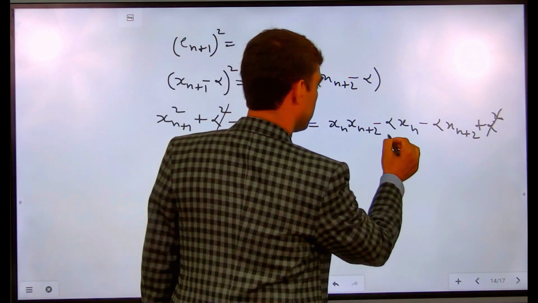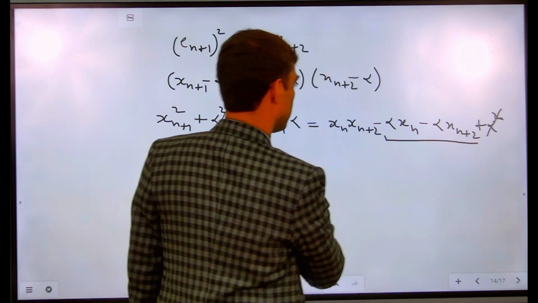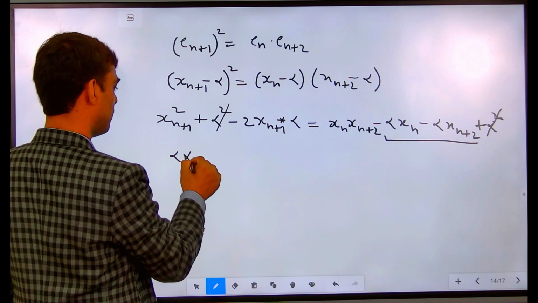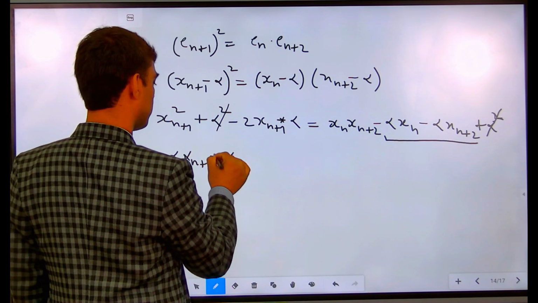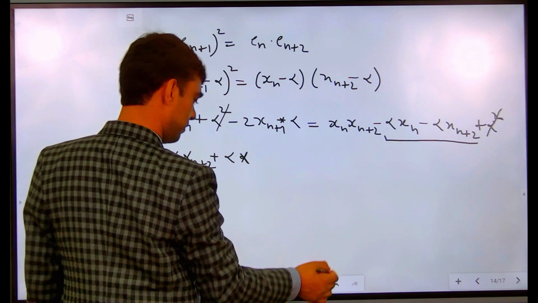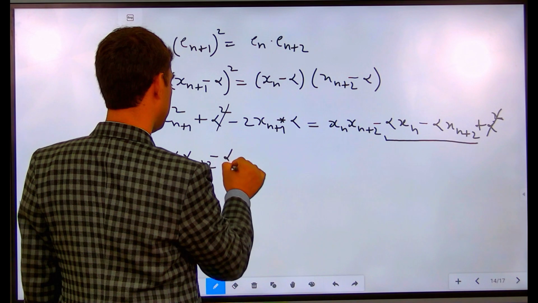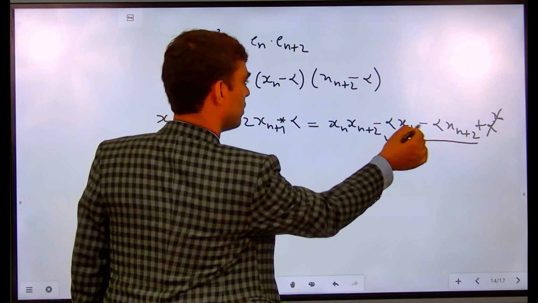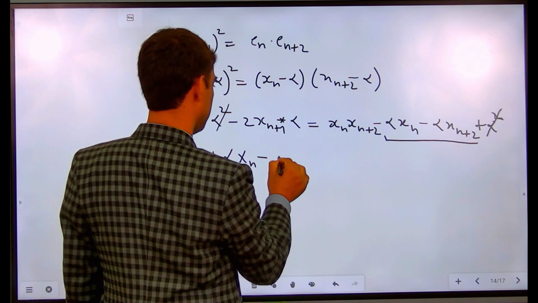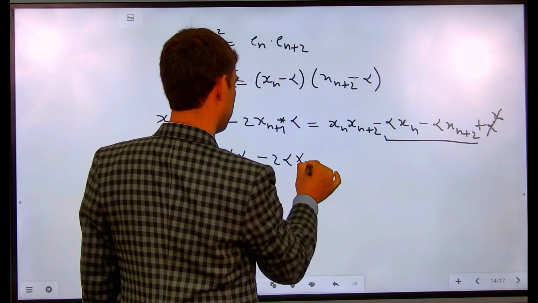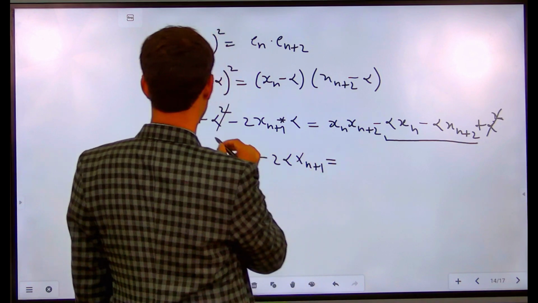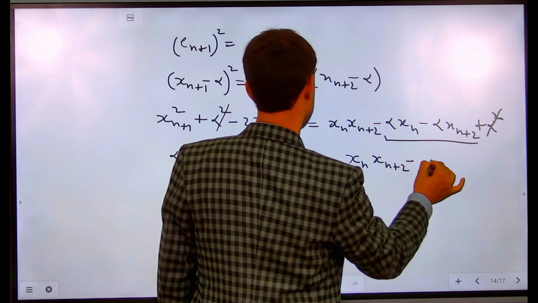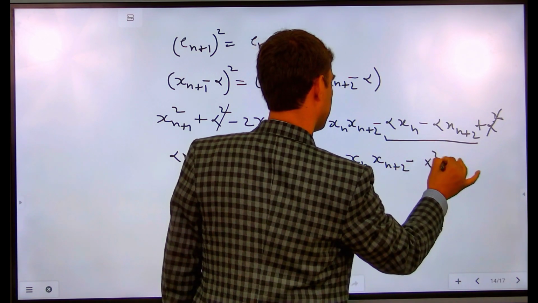Now, if we move these terms to the left hand side, then this becomes alpha xn plus 2 minus alpha plus alpha xn minus 2 times alpha xn plus 1 equals what will happen here? xn xn plus 2 minus xn plus 1 square.